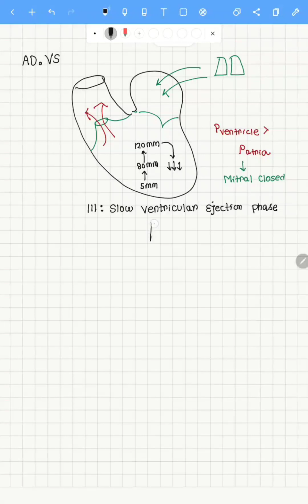Now let's come to the next phase. In this phase, the pressure of the ventricle will further go down. In the previous phase, the pressure had gone down from 120 mmHg to a lower value. It will further go down in this phase. So let me draw the heart once again.